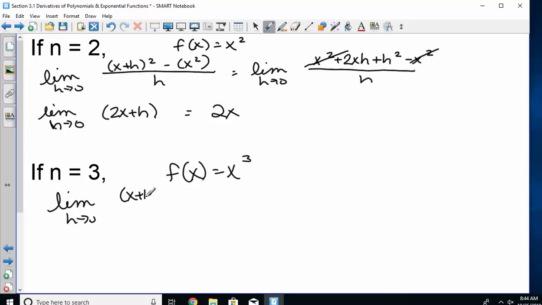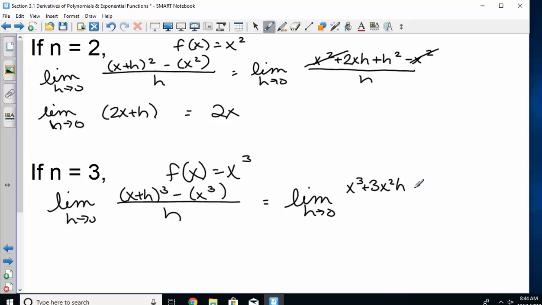So we have x plus h cubed minus x cubed all over h. If I just write down what x plus h cubed is without actually showing you guys how I got that, is that okay? You guys know how to write it 3 times and FOIL it all out if you had to. So we would get x cubed plus 3x squared h plus 3xh squared plus h cubed minus that x cubed on the end.